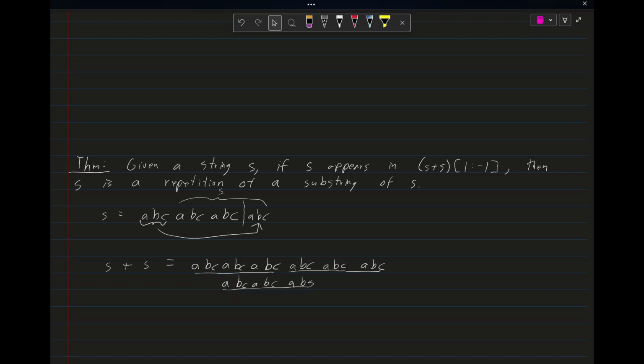the question is, do we have the reverse? Does the reverse implication hold? So we know that if S is a repetition of a substring, then S is contained in the interior of S plus S. But is it also true in the reverse direction, that if S is contained in the interior of S plus S, then S is a repetition of a substring of itself?